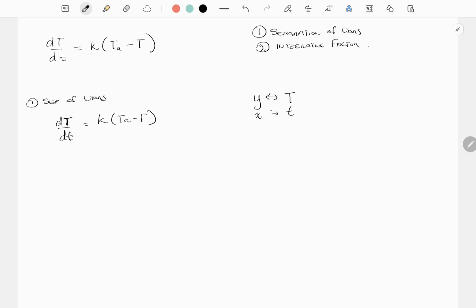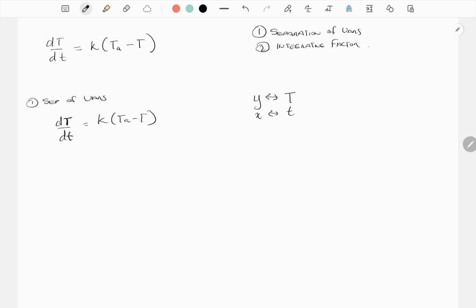This is the mapping, and you're used to dy/dx usually being k times some constant. That's why you're probably more comfortable working with x and y, but anyway, we're going to work with T and lowercase t here. So let me clean that up for a second.